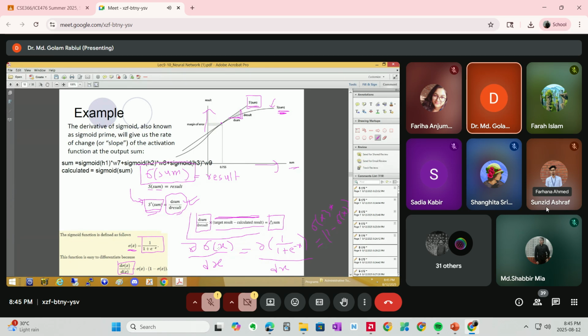So that means the derivative of the sigmoid function is easy to calculate. It will be the sigmoid of x times 1 minus sigmoid of x. So if we want to find the derivative of this sigmoid function, it will be the value of the sigmoid function times 1 minus the sigmoid of x. What does it mean?